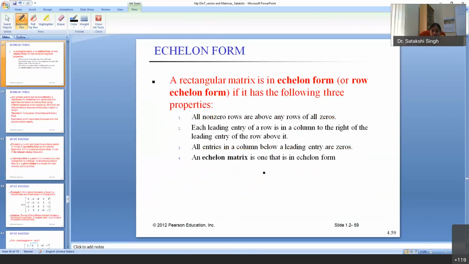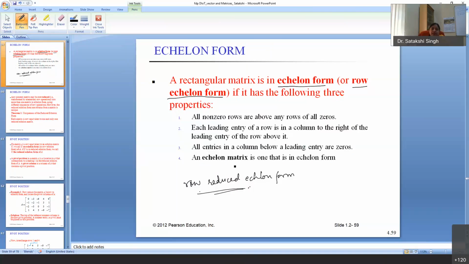Here we have a rectangular matrix in echelon form. There are two things: the echelon form, also called the row echelon form, and another thing, the row reduced echelon form, or in some books it is also written as reduced row echelon form. Anyway, that is the same thing.